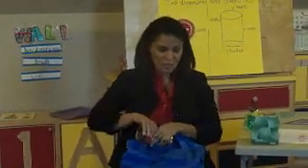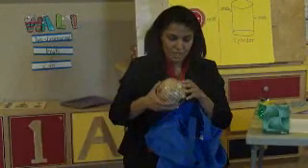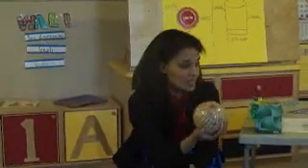A cube. Very good. I'm going to pass it around. And as you pass it around, I have another one to show you. What is this? Yes, Mike? A ball. A ball. That's exactly what this is.